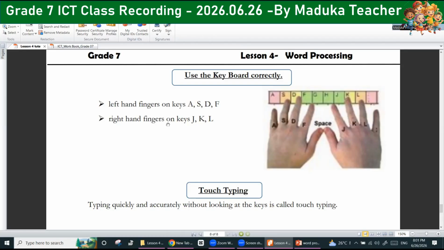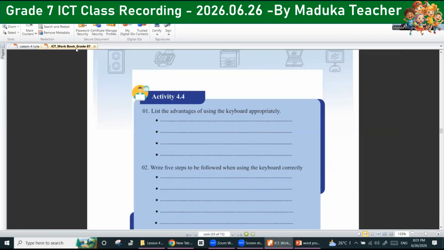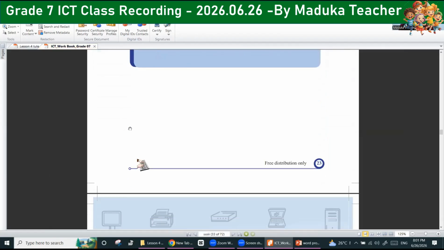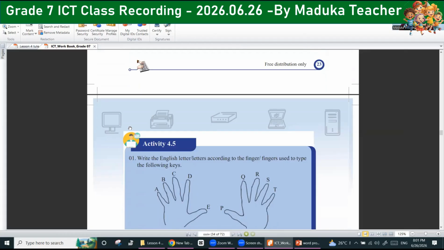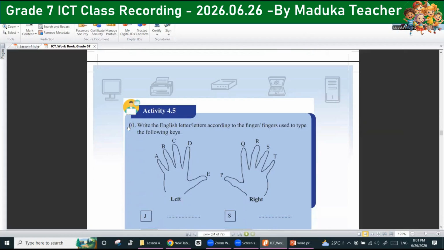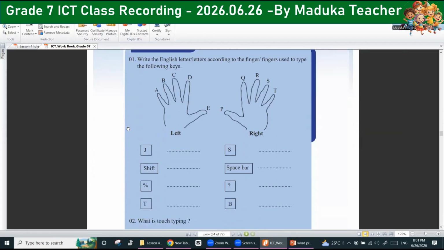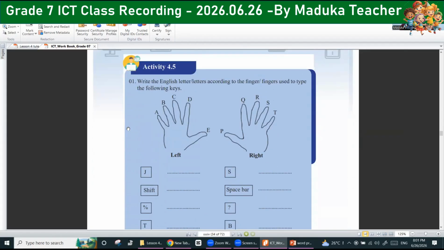Okay? Now I'm going to give you second homework. Go to your workbook, please, and go to activity 4.5. Go to activity 4.5. Right?